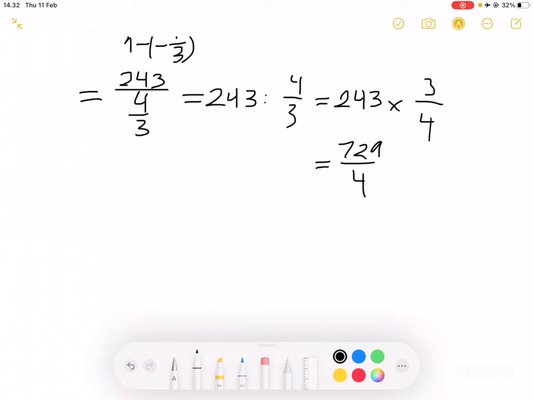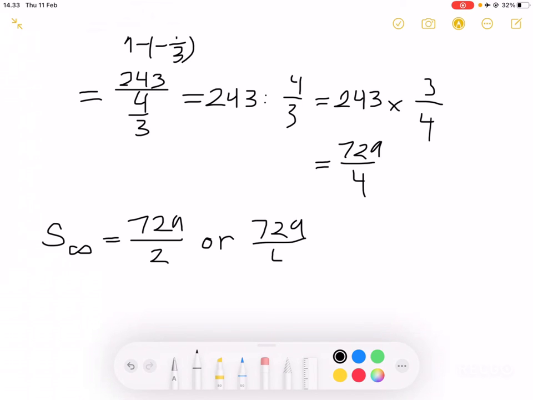So our final answers are, the infinite series could be either 729 over 2 or 729 over 4, depending on which r value you are taking on.